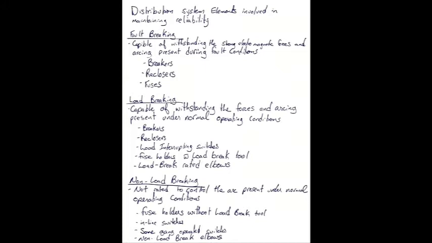Moving up, we get into our load break rated equipment. This has overlap with our fault break rated equipment, but this includes stuff where the design is robust enough, the contacts are beefy enough, they've got some capabilities for dealing with an arc.